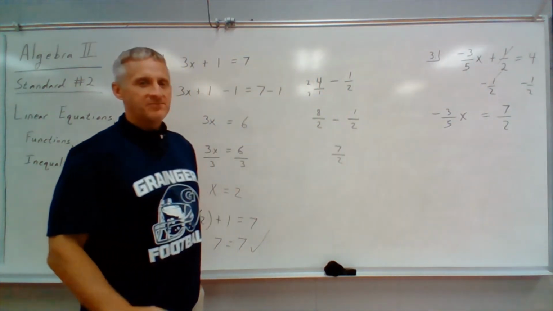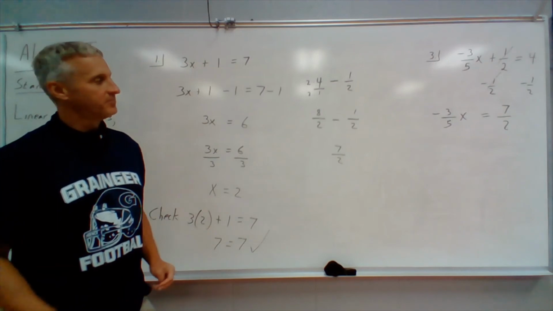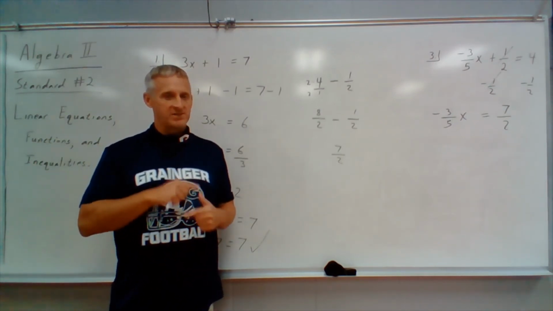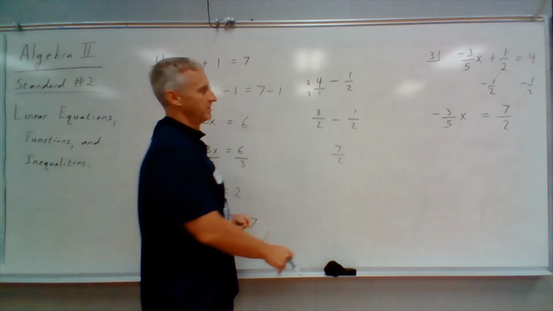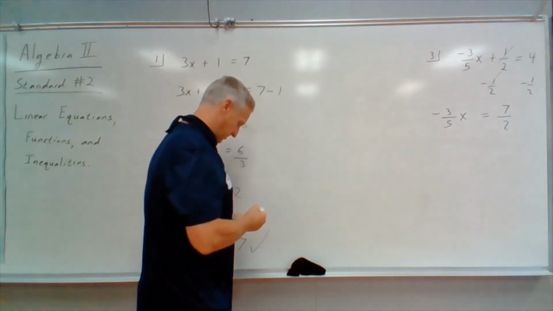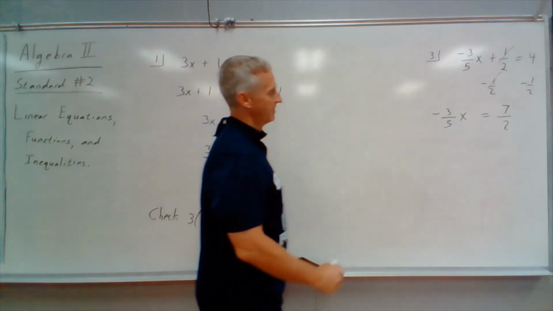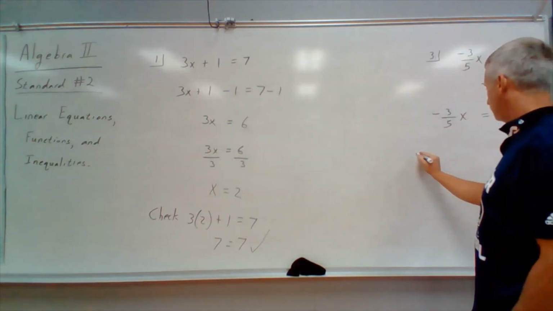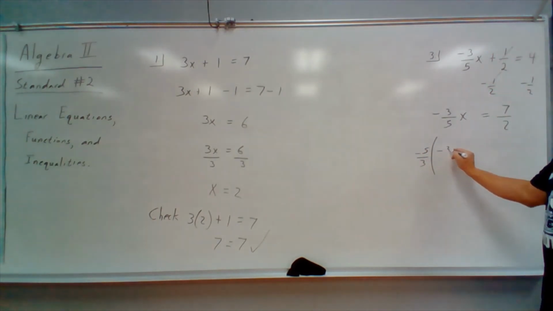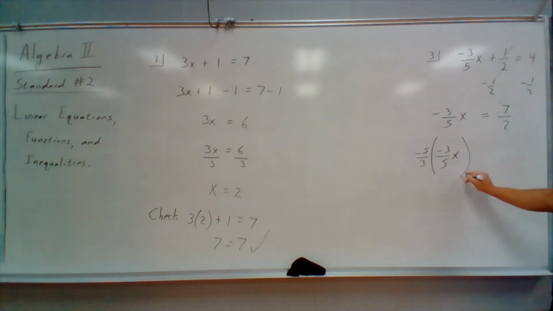Now I need to divide both sides by negative 3/5. Dividing by a fraction is the same thing as multiplying by the reciprocal of that fraction. So I'm going to multiply both sides of this equation by negative 5 over 3. So multiply that side by negative 5 over 3.